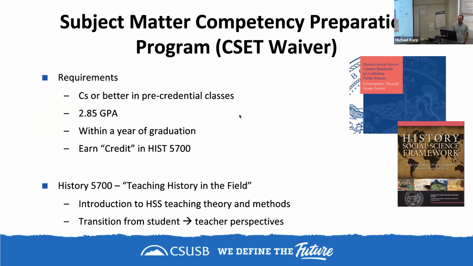All right, so as far as the CSET waiver, which is a really terrific thing we have in the program, if you're not familiar with the CSET, it's the subject matter competency test that the state of California requires for teachers. So we are lucky that we have this waiver in place because the CSET for history social science is actually one of the more difficult CSETs in terms of the pass rate.